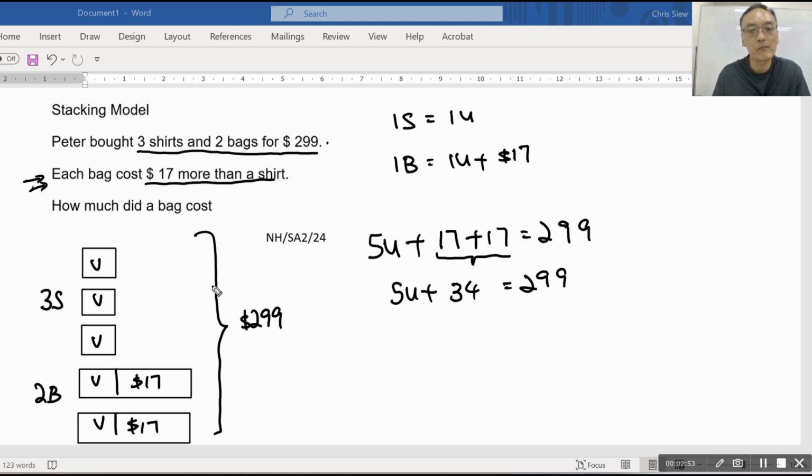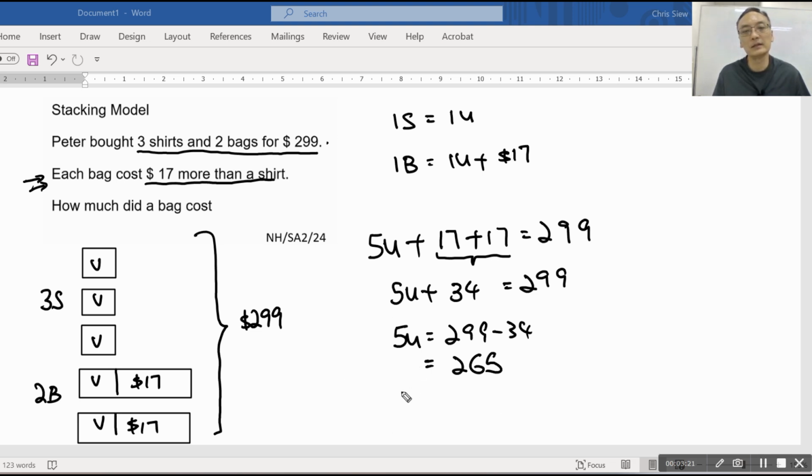Next, we will find the value of 5 units by taking 299 minus 34. Let's check. Okay, so this will give us a value of 265.